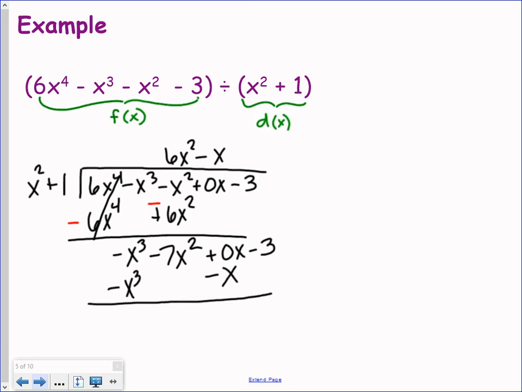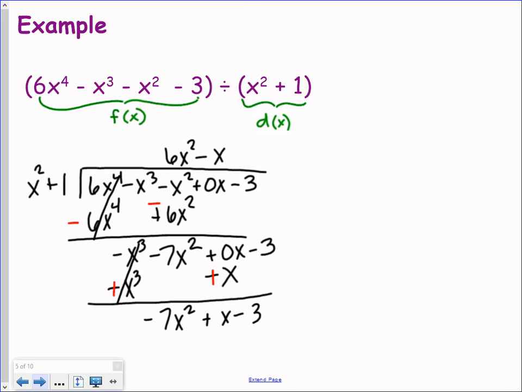And remember, you're really subtracting that second line, so subtracting these negatives is going to make them positives. And do my combination. So I get negative 7x squared plus x minus 3.